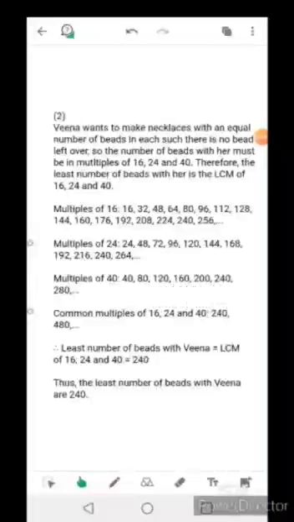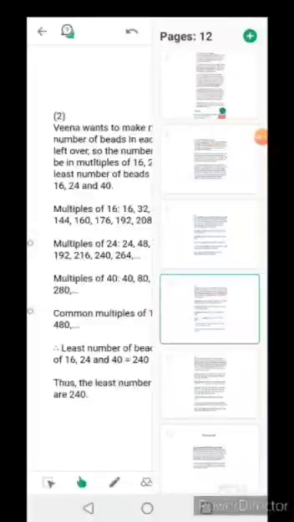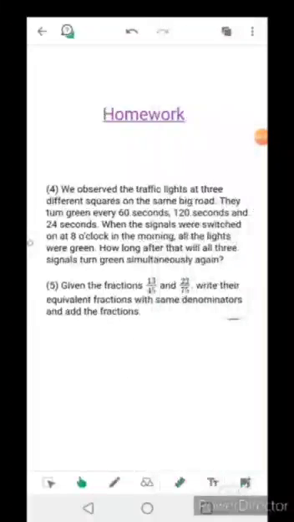So students, here some common multiples are 240 and 480. Now the least number of beads with Veena, the least common multiple, is 240. So thus the least number of beads with Veena is 240. So here we have completed this chapter.